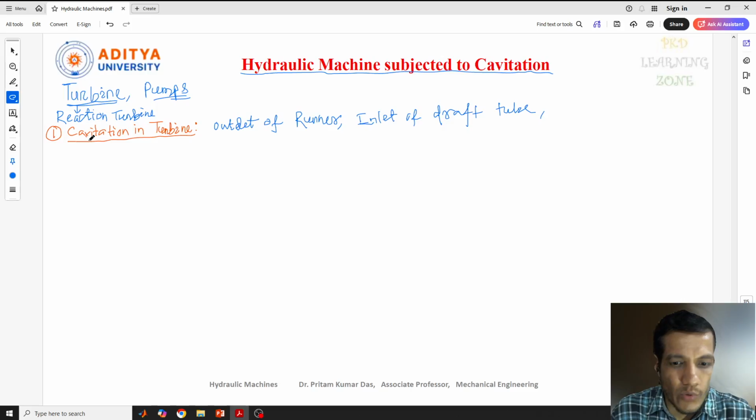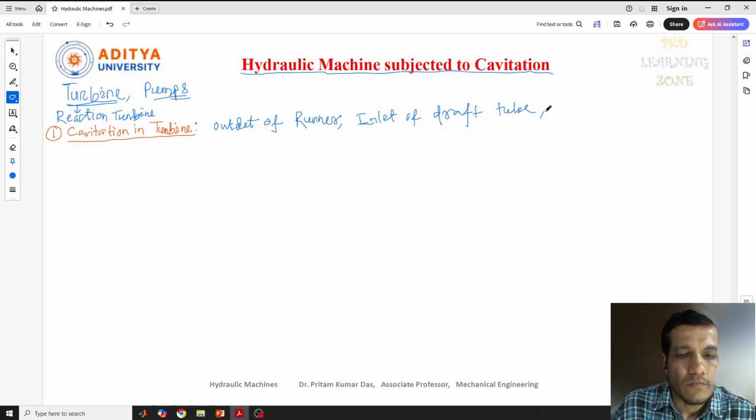Due to this cavitation, the materials we have selected are going to suffer wear and tear, and the metal is gradually eaten away.